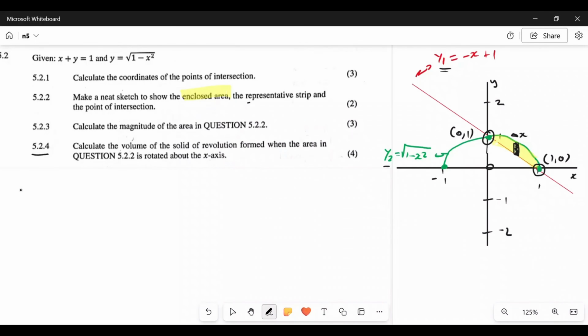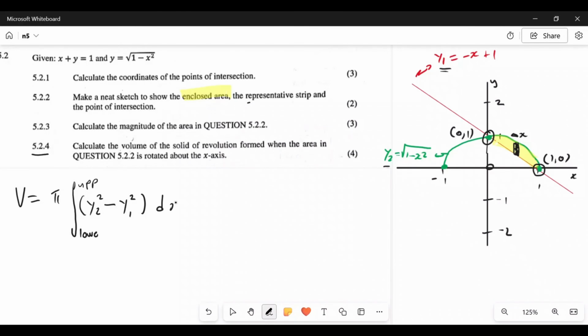When it is rotating on the x-axis, guys, there's a formula that you must use. Volume is equal to pi, and then we have sigma. Here we're going to write the upper limit, and here the lower limit. Then we have y2, but this time we square it, minus y1, and then we square it as well.